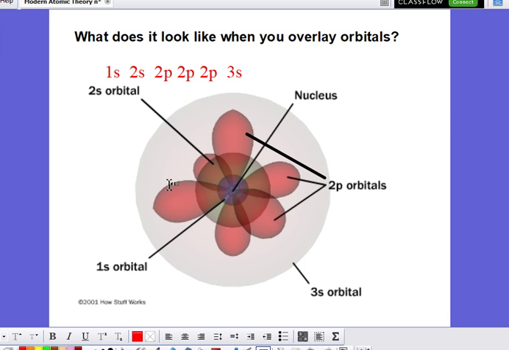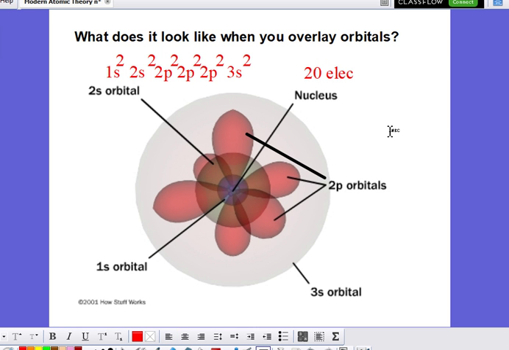And then there's a p, and a p. That's 3 on the second energy level. And then another sphere, a bigger sphere. And each of these could hold 2 electrons. So we're just going to try to type that also. 2, 2, 2, 2, 2, 2. And how many electrons would that be? It would be 20. That would be 20 electrons.